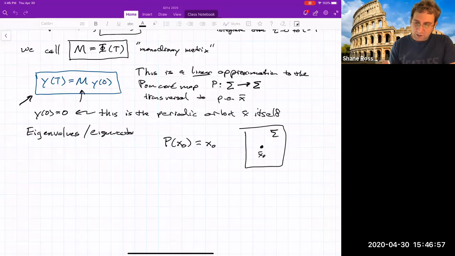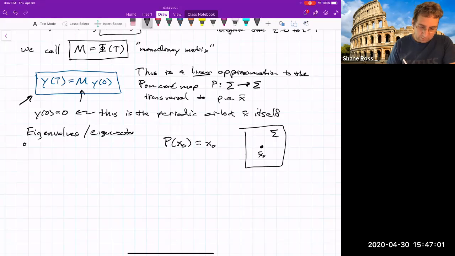It's the eigenvalues and eigenvectors of M, the n by n matrix M that we have typically computed numerically, except in some special cases where we can get it analytically, like we looked at a few weeks ago. Eigenvalues and eigenvectors of M reveal the stability of the periodic orbit.